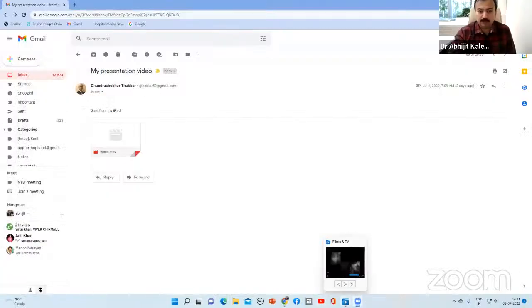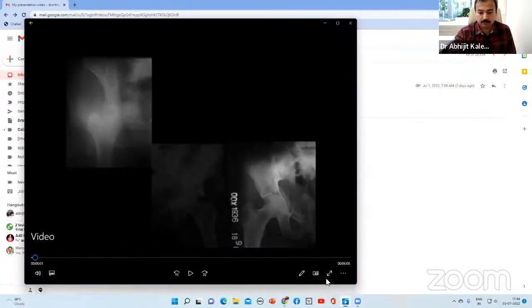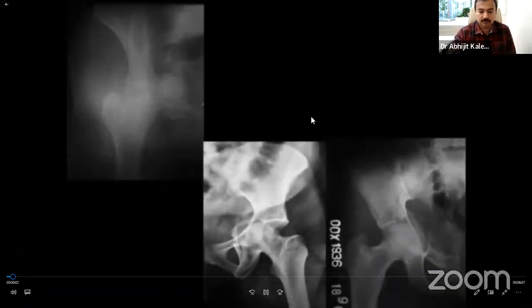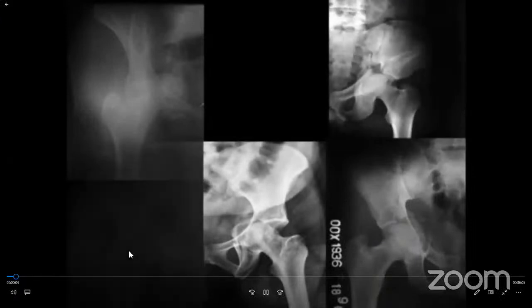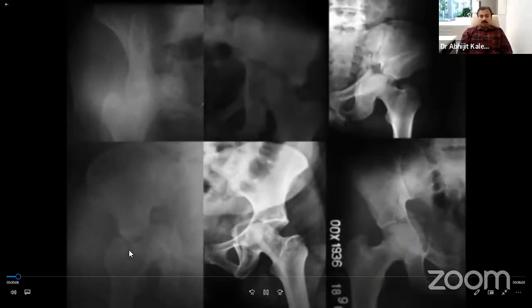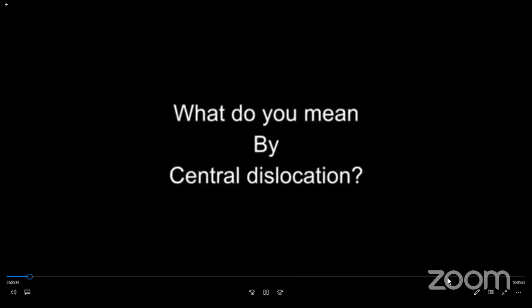Is my screen visible? Can you see my screen? Yes, yes, sir. Is the video audible and visible? Audio is not yet heard still.